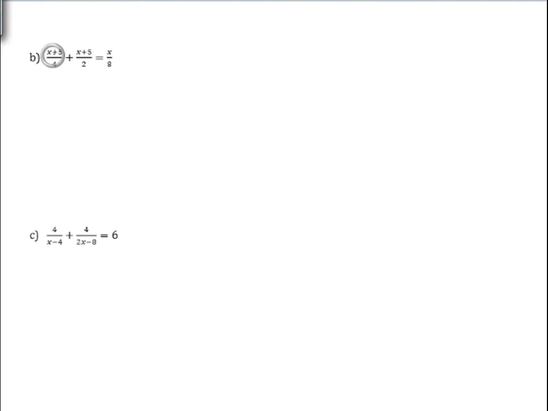Example B, x plus 5 over 4 plus x plus 5 over 2 equals x over 8. This time, the common denominator is 8. 8 is the smallest thing that all three of these denominators will divide evenly into. In order for us to get an 8 in the denominator of the first fraction, we're going to have to multiply that by a 2.